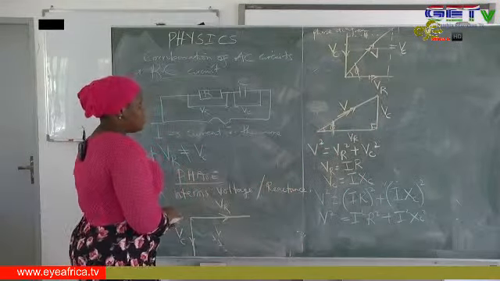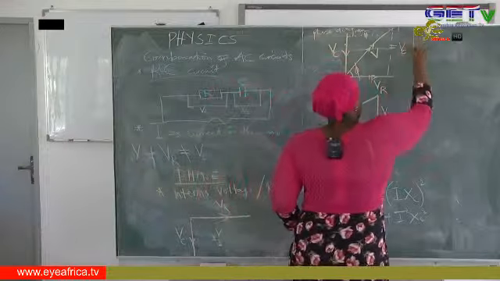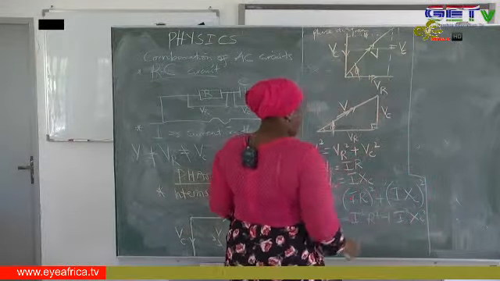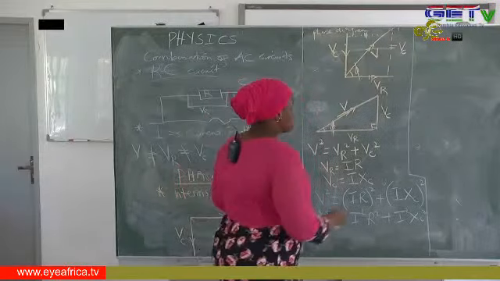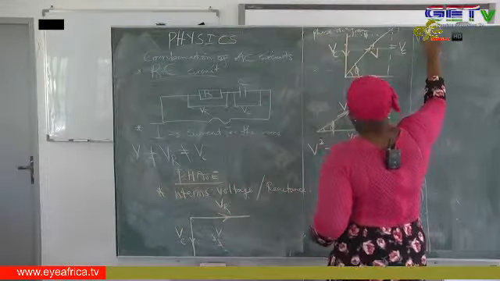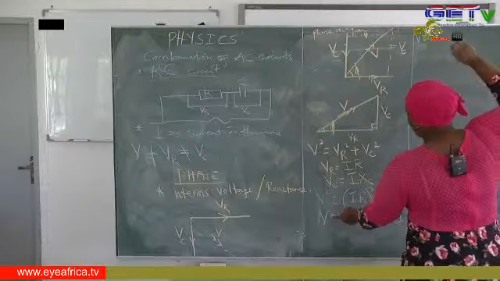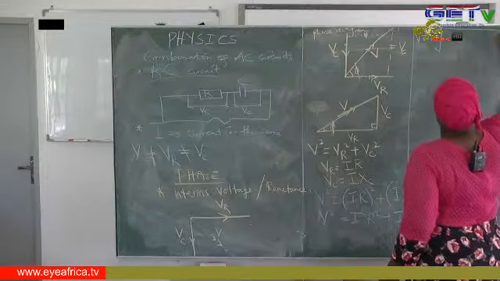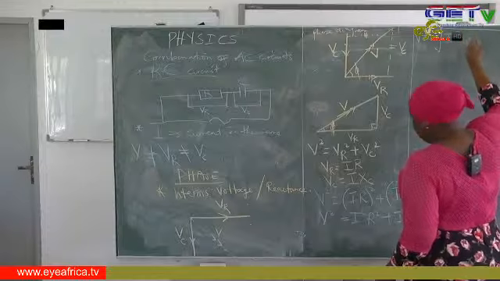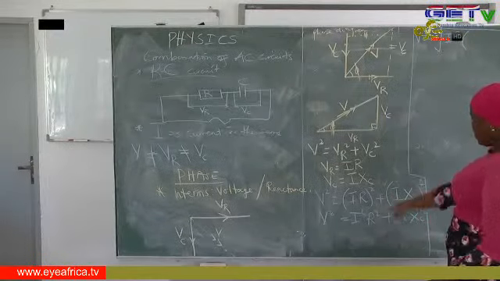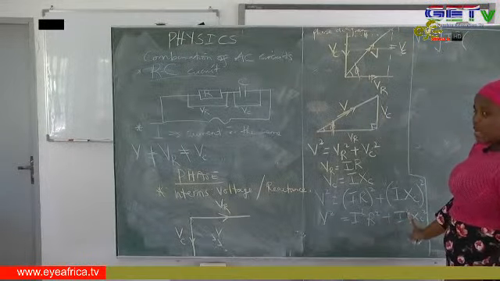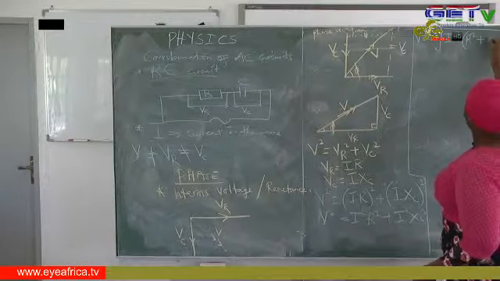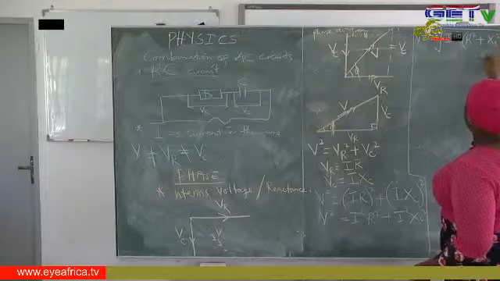Can we make V the subject? Yes, and that is done by taking the square root on both sides, and this will be V equals the root of I squared R squared plus I squared XC squared. Since I squared is common, we can factor it out, and that will be I squared into R squared plus XC squared.